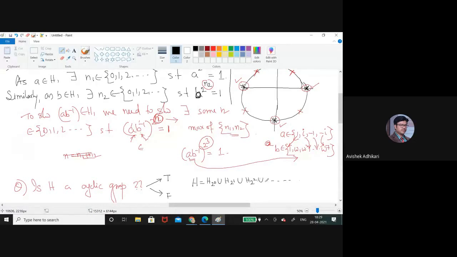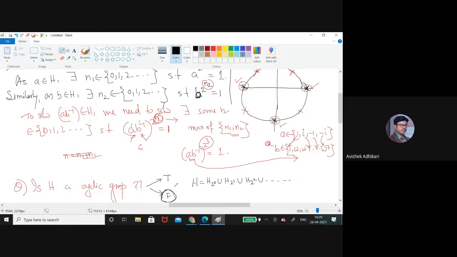So 2 to the power cube, 2 to the power 4, and so on. H contains all the points from this set, but it's a union of all those things. Now, if you think that it's a cyclic group, the answer will be false.